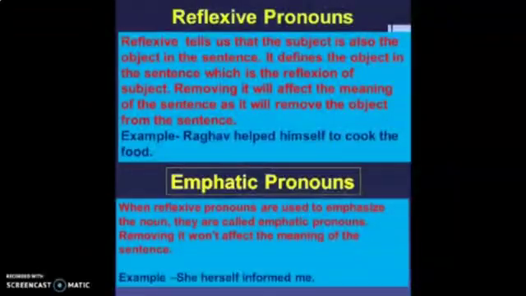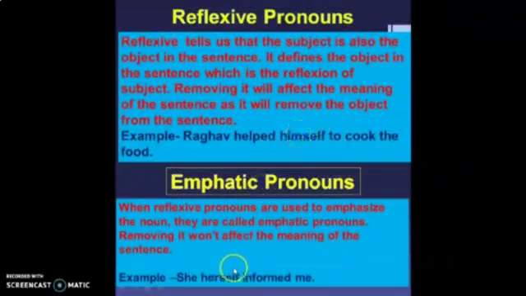And emphatic pronouns: when reflexive pronouns are used to emphasize the noun. Emphasize means when you give pressure or stress. They are called emphatic pronouns. Removing it won't affect the meaning of the sentence. In a reflexive pronoun, if we remove this himself, the reflexive pronoun, it will affect the meaning.